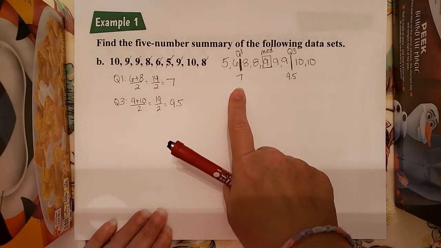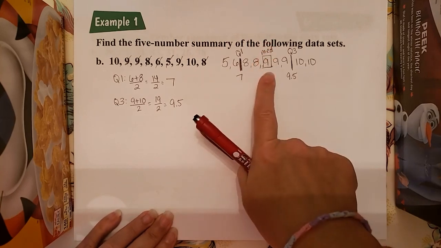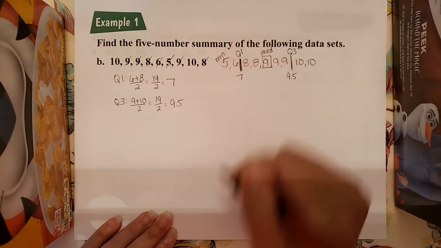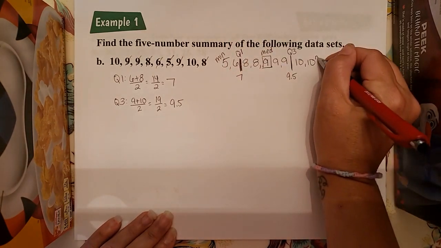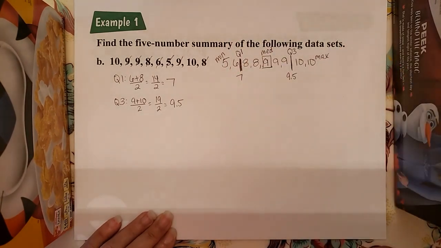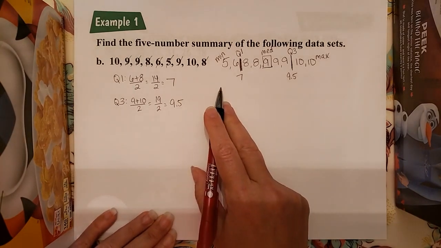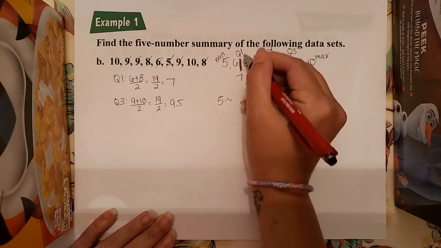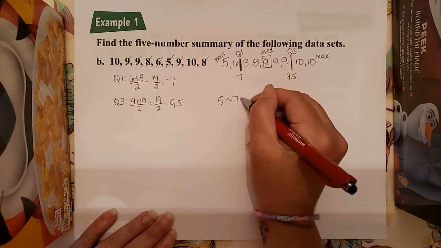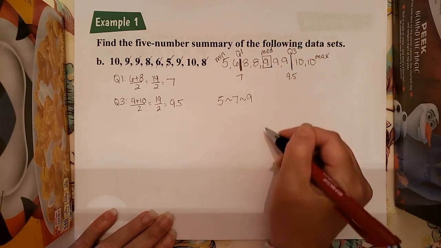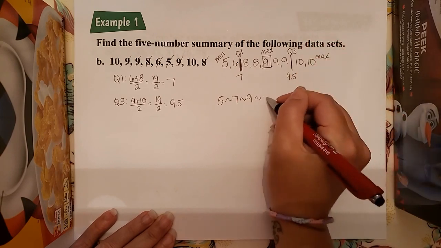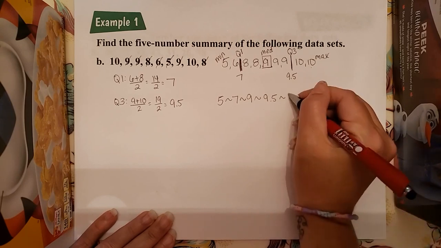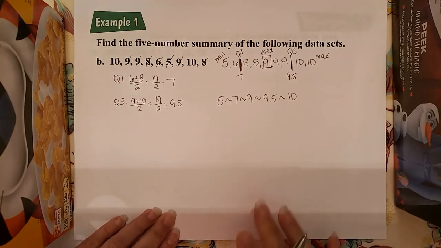So we have Q1, Q2 or our median, Q3, 5 is our minimum, 10 is our maximum. So my 5 number summary is going to start with the 5, wavy line 7, wavy line 9, wavy line 9 1/2, and then our maximum is 10.